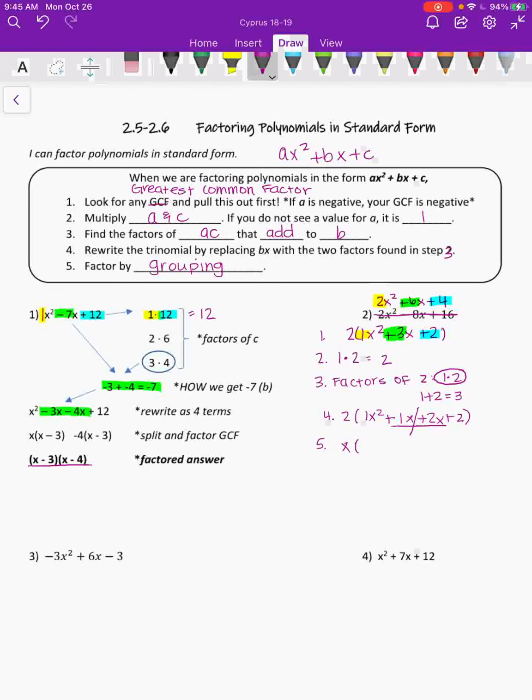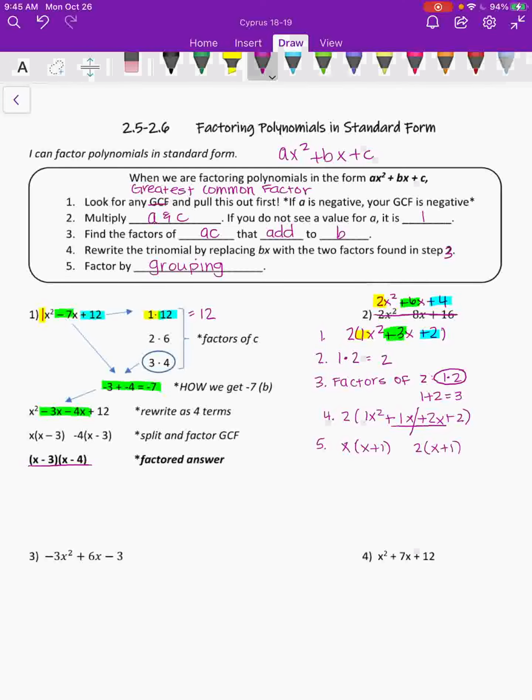Okay. And what do I have left? Well, I have x plus 1. And then on the back end, the greatest common factor of 2x and 2 is 2. And what do I have left? x plus 1. Which is good that we have our common binomial, right? Our x plus 1 on both of those is called our common binomial.